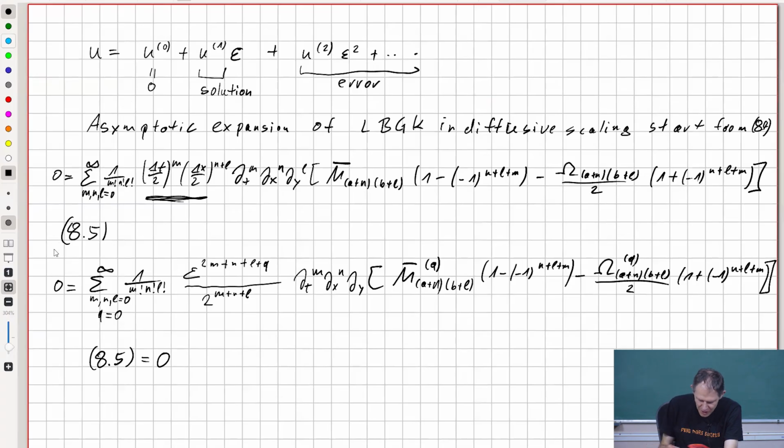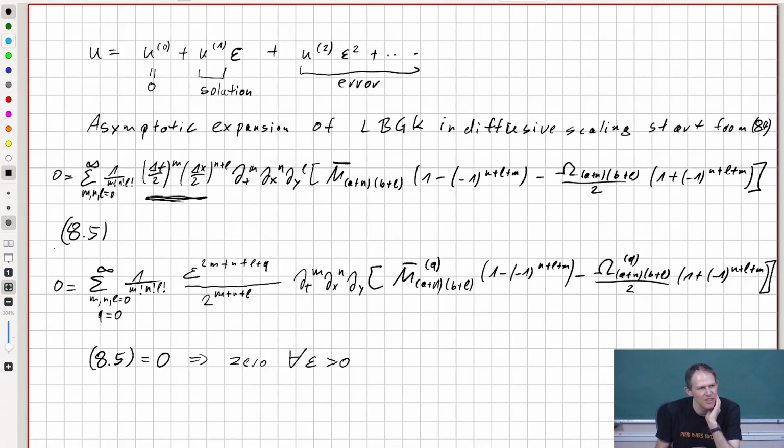So okay, so all of this is 0, and now what we are doing is equating of coefficients. Equating of coefficients is a very important thing in any analysis of numerical methods. You see, this entire equation is supposed to be 0 for all choices of epsilon larger than 0, right?